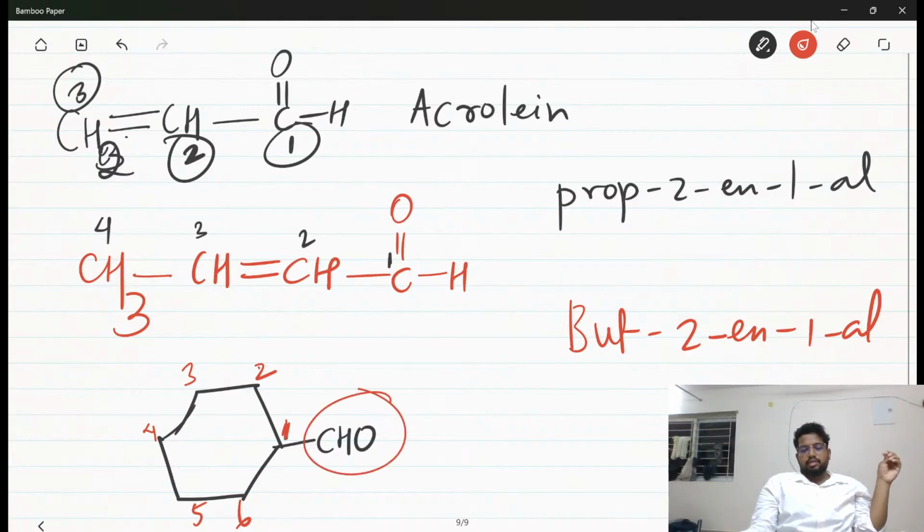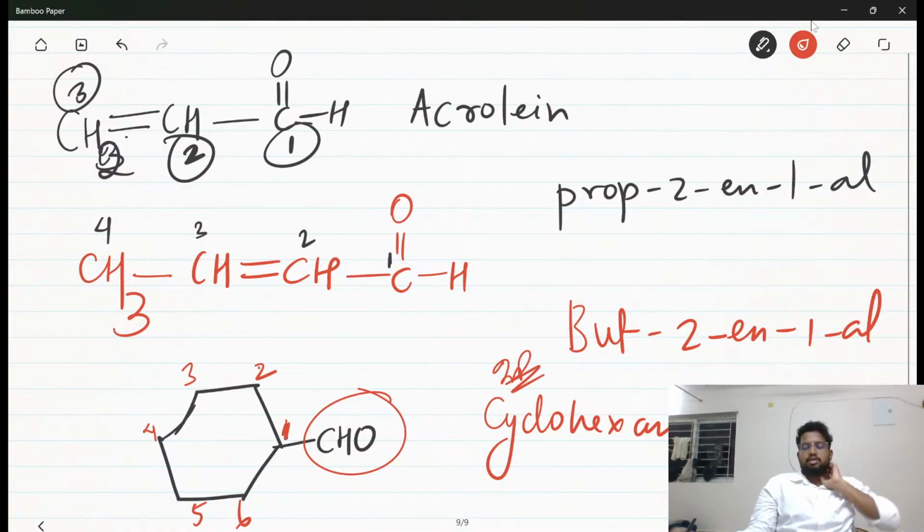Functional group here is outside. Now what will be the suffix? The molecule is cyclohexane. There is no double or triple bond. 1-carbaldehyde. Sir, why are you writing carbaldehyde? Important. Because the aldehyde carbon, the CHO carbon, is not counted in the parent chain.